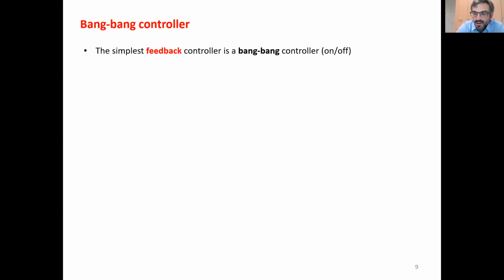The simplest feedback controller is the bang-bang controller. What is a bang-bang controller? Considering the previous example of the temperature in the room, the simplest controller is the one that switches the heater on or off, reading a thermostat, a temperature sensor.